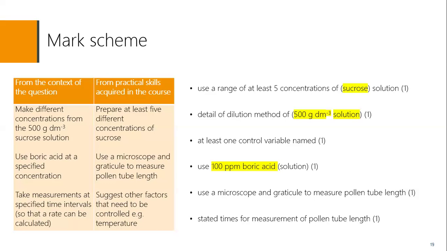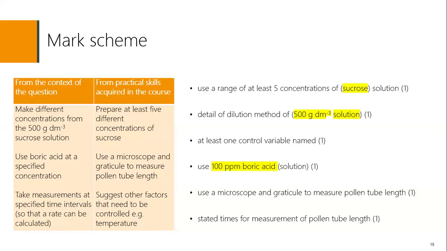Question: are details about the apparatus used also required? The things that are specific to this investigation would be, so students would be required to say that they would use a microscope and graticule to measure the length of the pollen tube, because that is part of understanding this particular investigation.